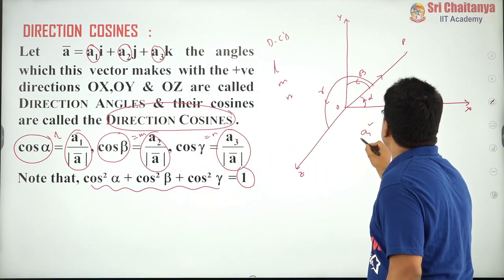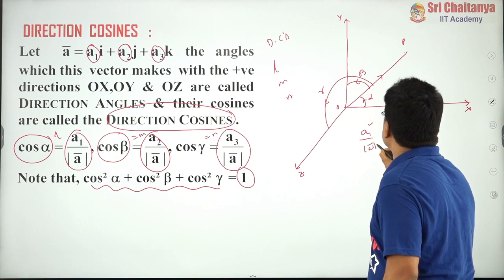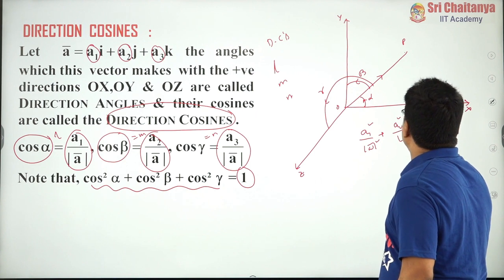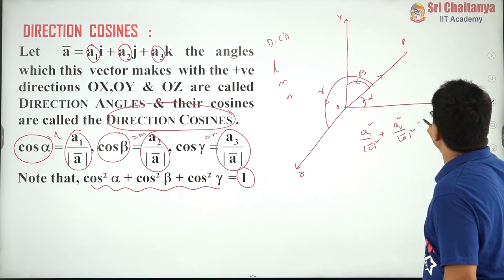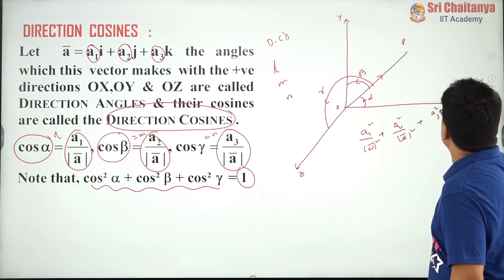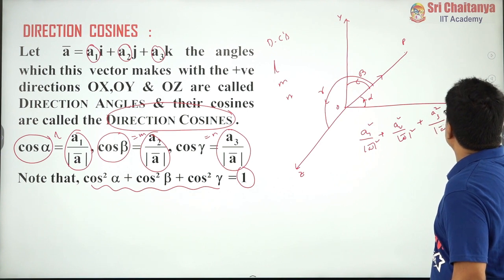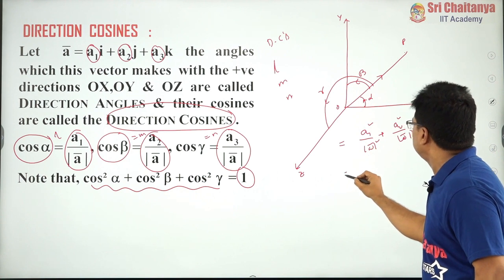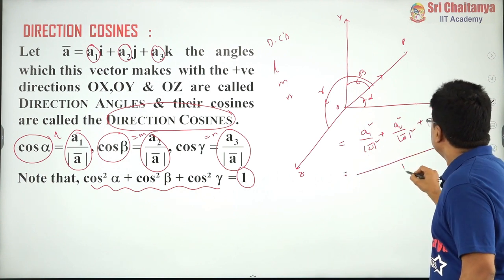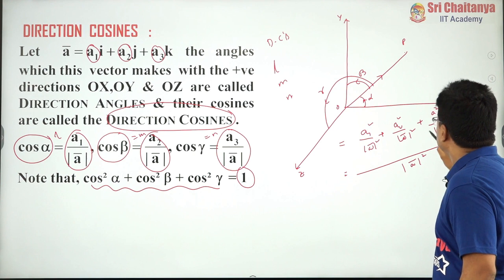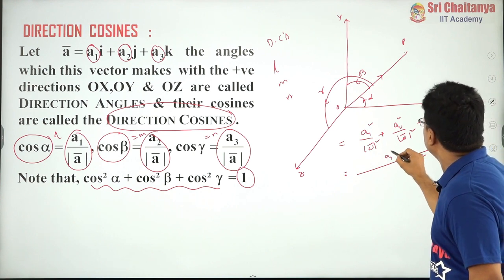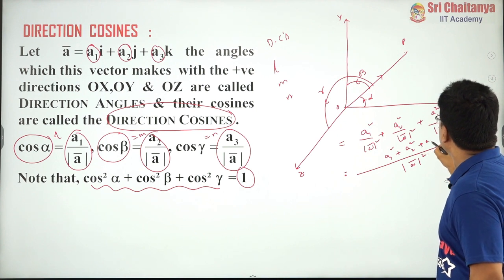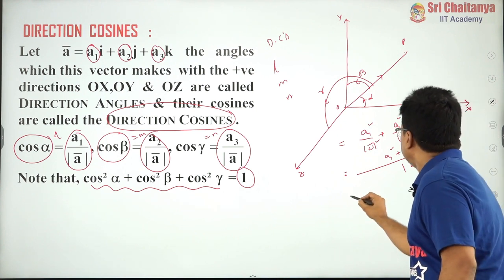That is nothing but a1 square by mod a bar square, plus a2 square by mod a bar square, plus a3 square by mod a bar square. This is cos square alpha plus cos square beta plus cos square gamma. The denominator is the same, mod a bar square, so in the numerator it is a1 square plus a2 square plus a3 square. That is nothing but what?